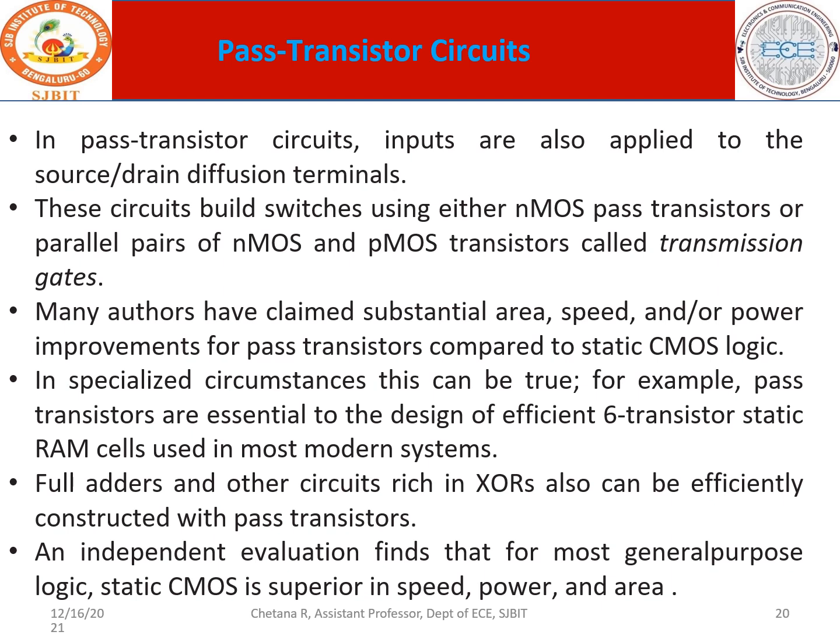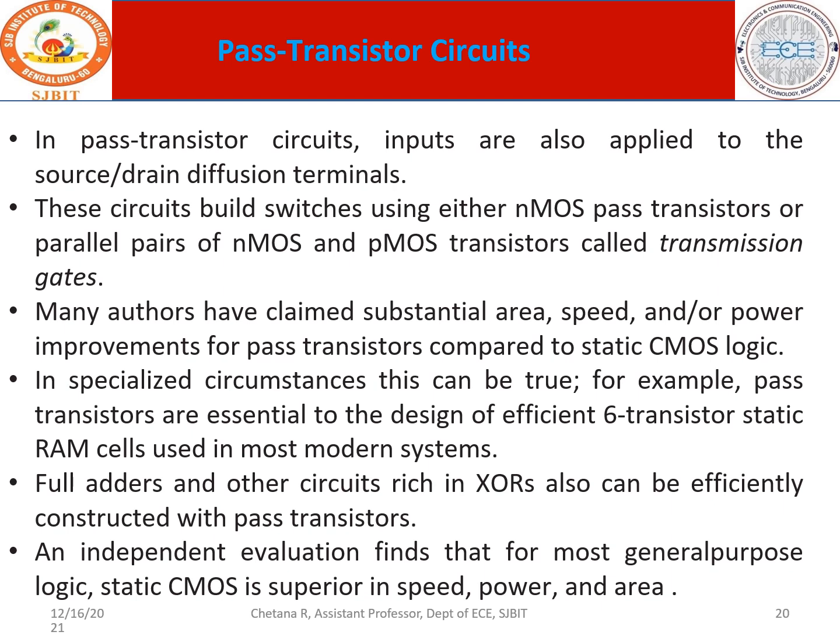Many authors have claimed that area, speed and power are improved in pass transistor compared to CMOS logic. People have claimed this, and research has been done with respect to this. Therefore, in specialized circumstances, this can be true. For example, pass transistor is essential to design an efficient 6 transistor static RAM cell, because it consumes less space, has good efficiency in terms of speed, and consumes less power.